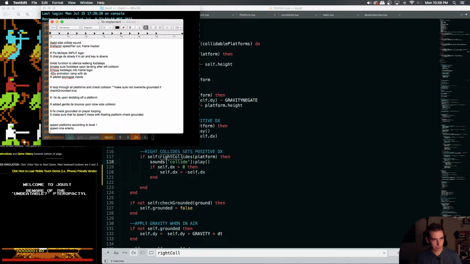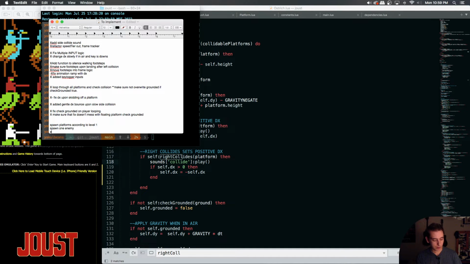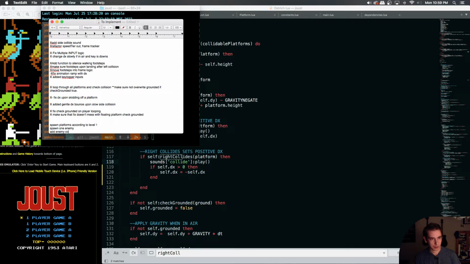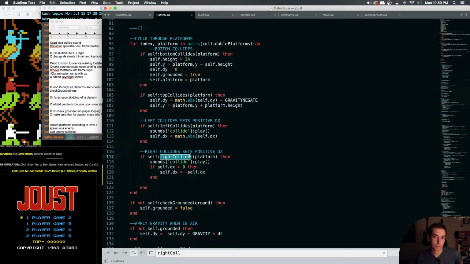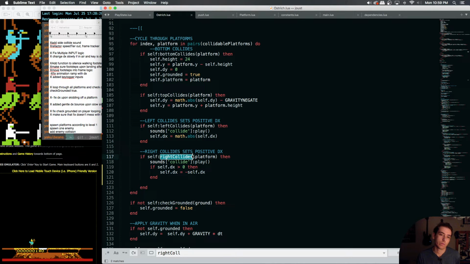Then make, add enemy collision, because we do have right collision. We have right collision detection that takes in a platform, but it's doing things specific to player colliding with platform, such as playing the collide sound and changing our DX if it's right.